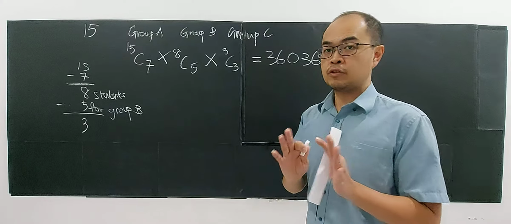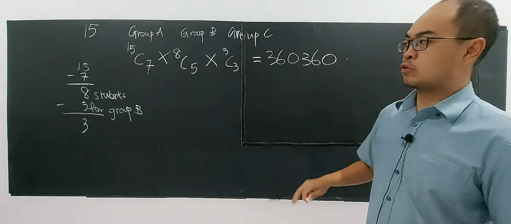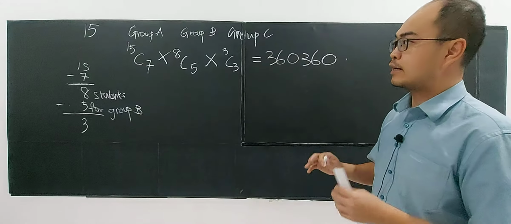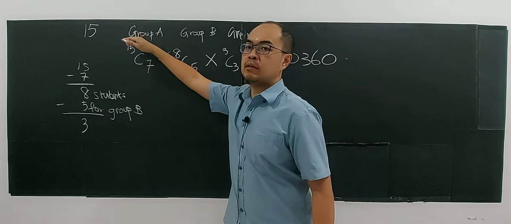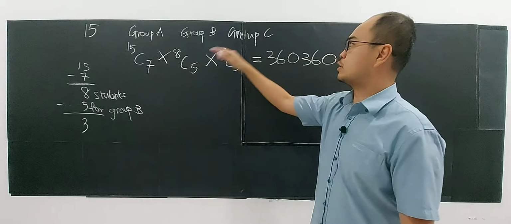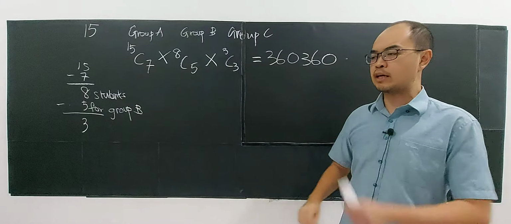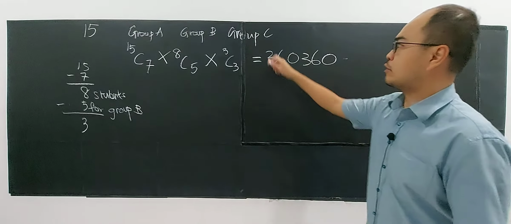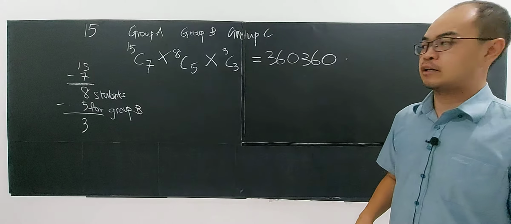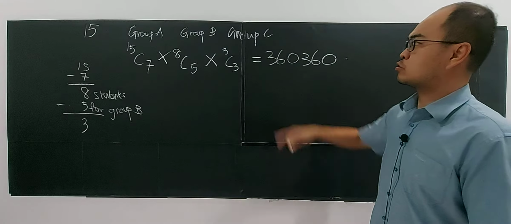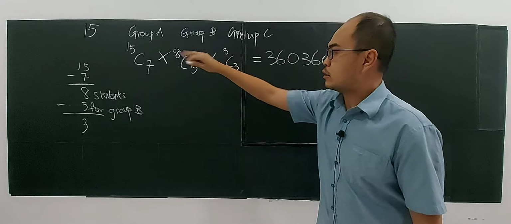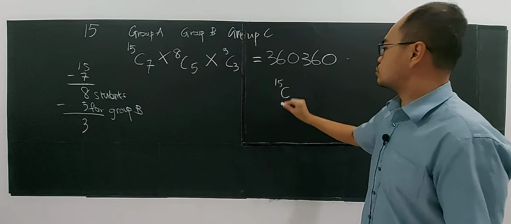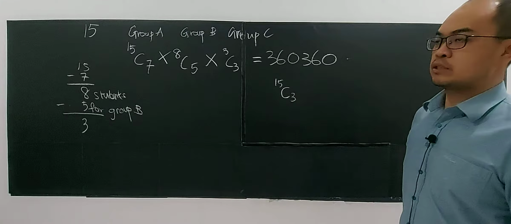Don't get confused, this is already done for you, I'm just telling you. Let's say the student asks, can I form group C first? Why must the teacher form group A first? Okay, the teacher says, I'm fair, now I want to form group C first. So the 15 choose 3.